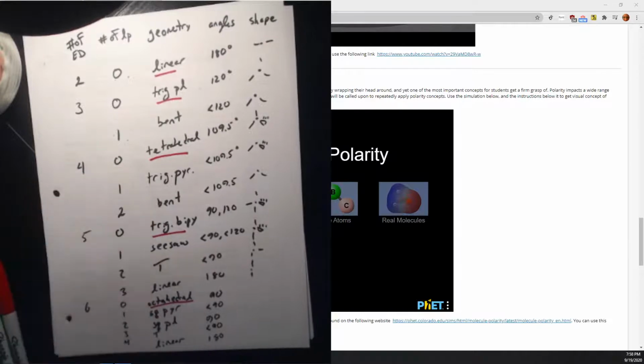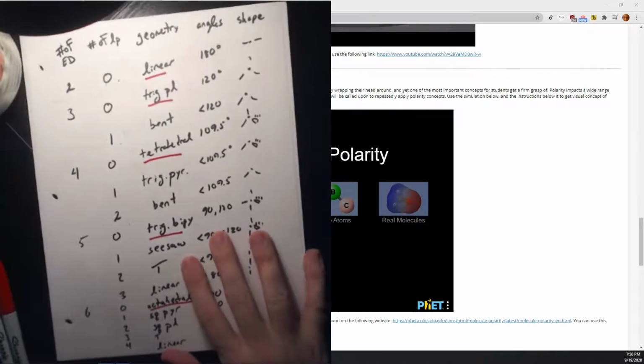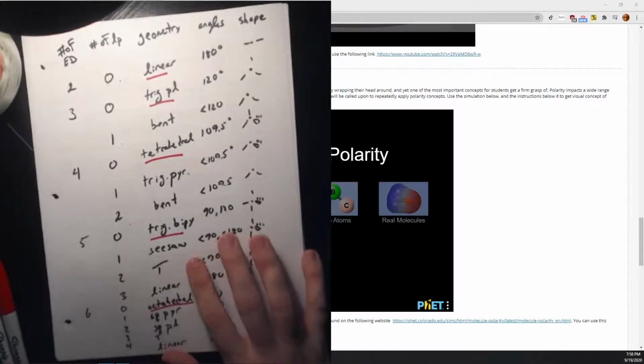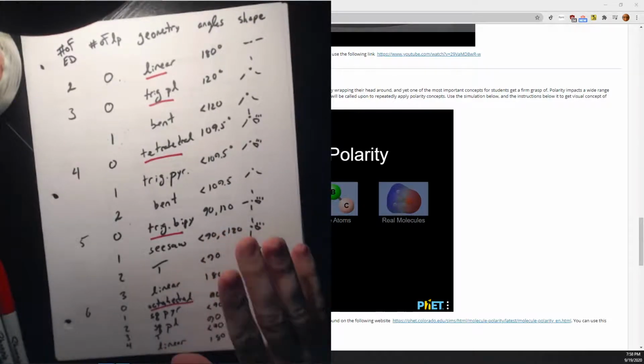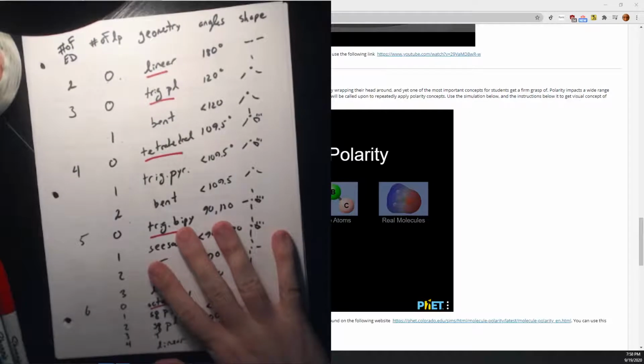Don't worry if you can't really read what I have written here. This chart is available everywhere. It is in the textbook. You can find various versions of it online and things like that. So all you have to do is draw the Lewis structure and count the number of electron domains. And remember that an electron domain is any bond, whether single, double, or triple, or a lone pair.